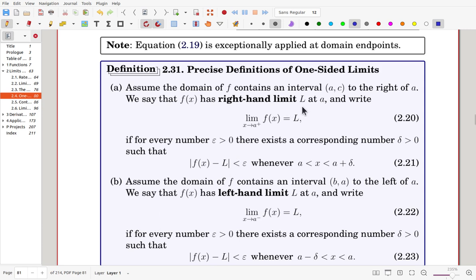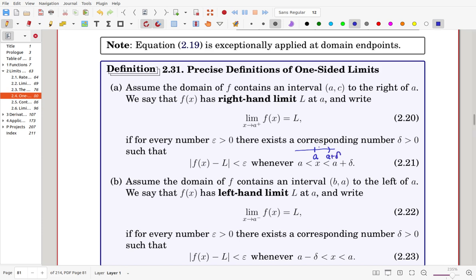The right-hand limit L at point a can be written in this way, but with the epsilon-delta argument, we can require: the modulus of f(x) minus L is bounded by epsilon whenever x is on the right side of a, within delta distance from a, that is, up to a plus delta.